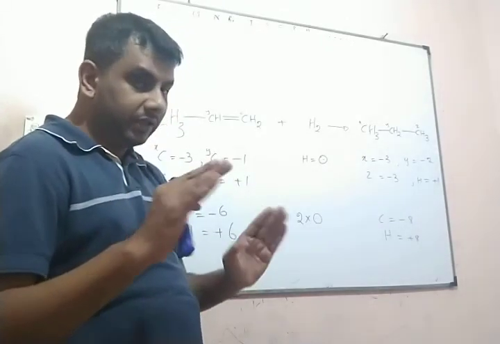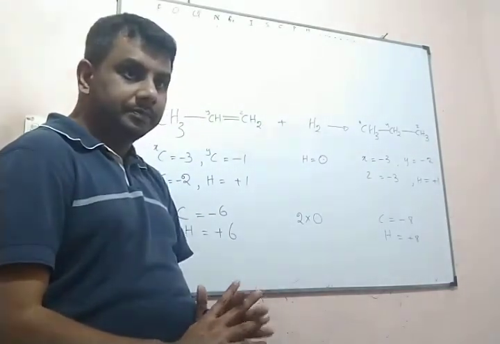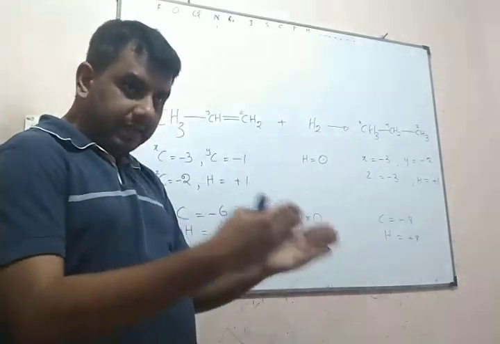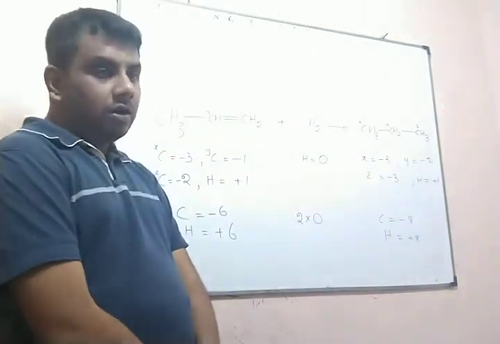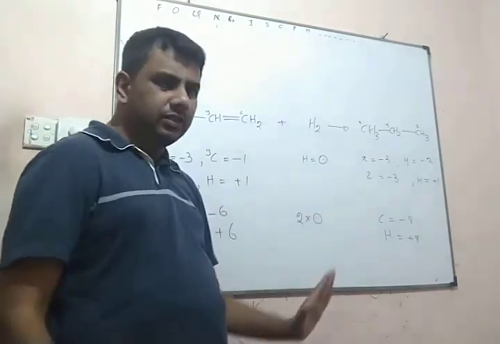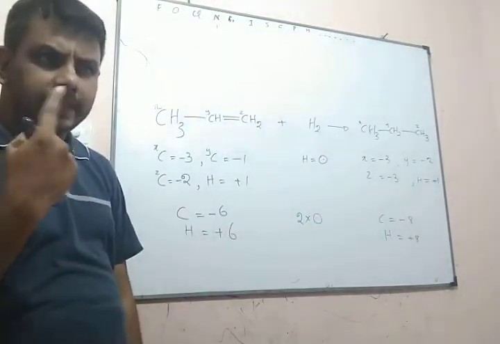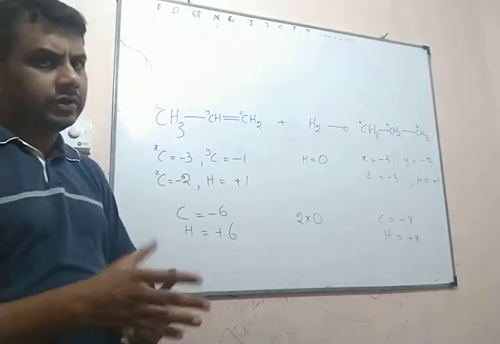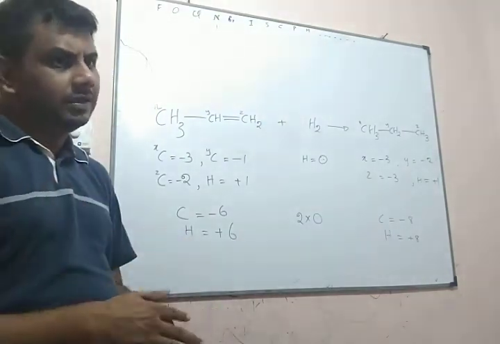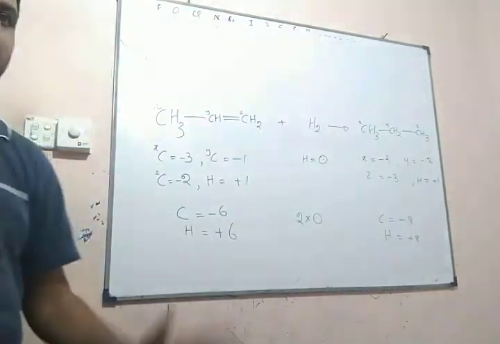Cumulative oxidation state is plus 2. Right? So what? Hydrogen gets oxidized. Got it? Plus 6 to plus 8. That's all. So hydrogen oxidized. How many electrons? 2 electrons. Definitely. Right? Got it?